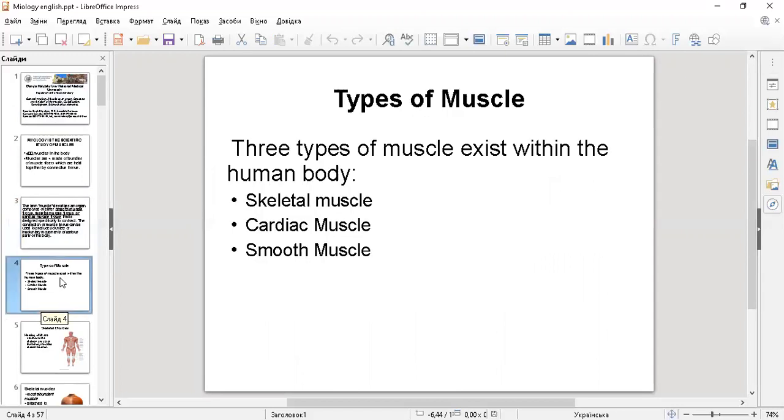Types of muscle. Three types of muscles exist within the human body: skeletal muscle, cardiac muscle, and smooth muscle.